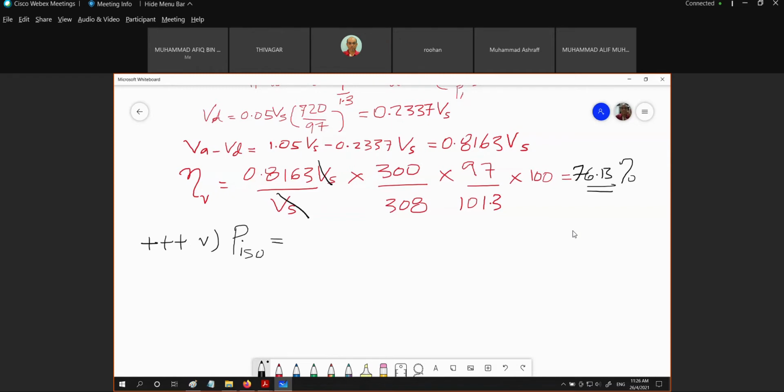What is the formula for P ISO? The formula for P ISO is m dot R T1 ln P2 over P1.